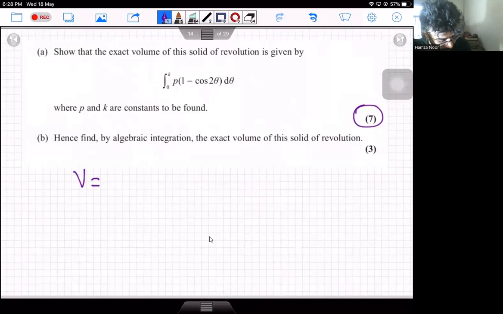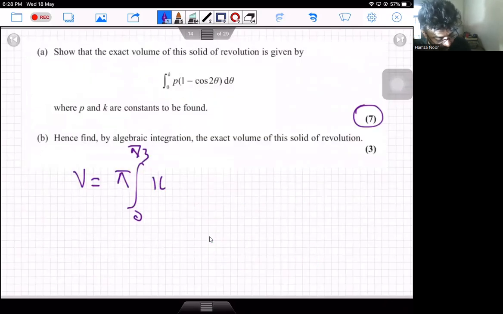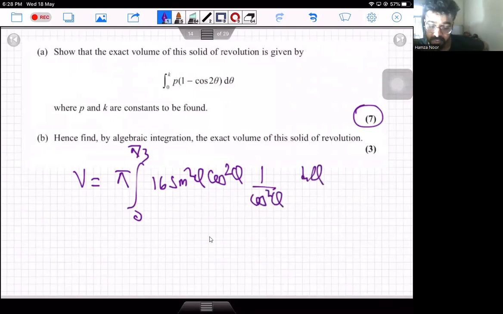Volume is equal to pi multiplied by the integration of 16 sine square theta multiplied by cos square theta multiplied by 1 upon cos square theta with respect to theta. Okay, so this cos square theta and cos square theta will be cancelled out and you will be only left with 16 pi multiplied by sine square theta, upper limit pi over 3, lower limit 0.